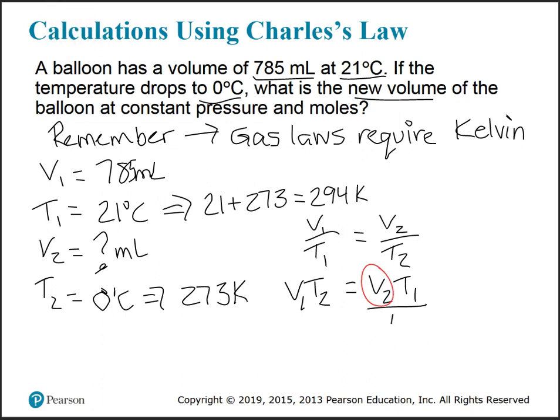I'm going to divide both sides by T1. And then I get V2 is equal to T2 over T1 times V1. Take the information that we have for V1, T1, and T2, plug it in, and see what you get.